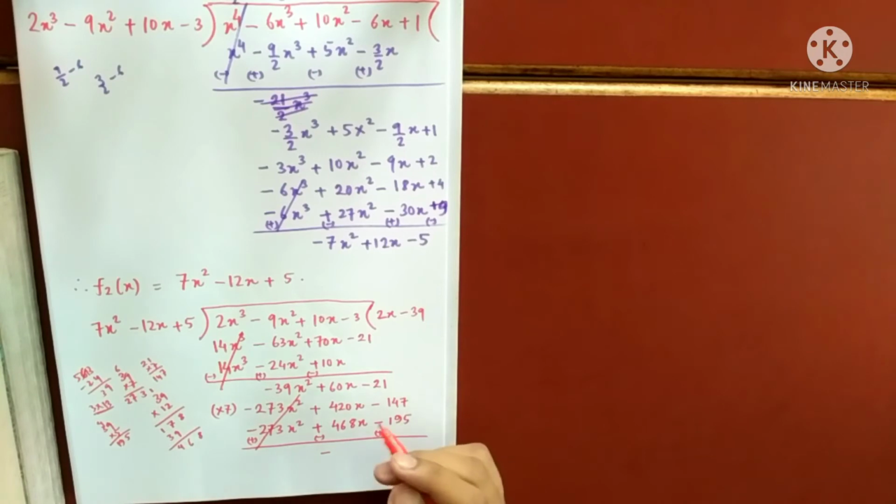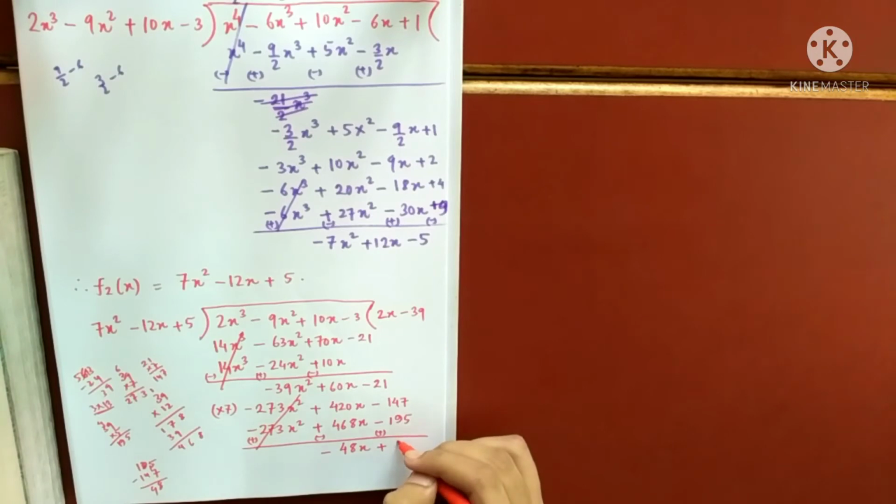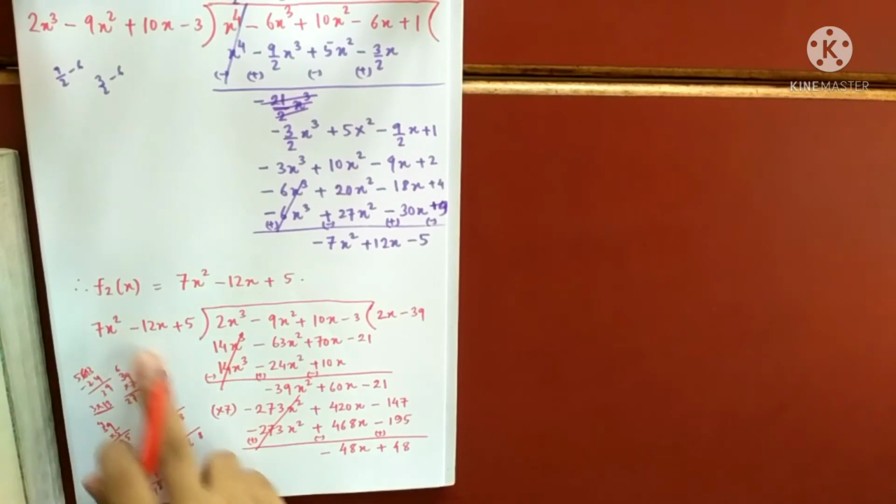So 468 minus 420 is 48x. And 195 minus 147, that will be 48. 15 minus 7 is 8, 8 minus 4 is 48. So we cannot divide further because of this.